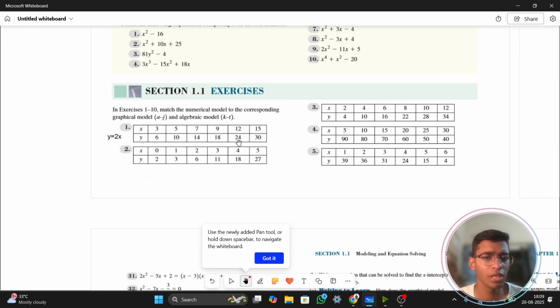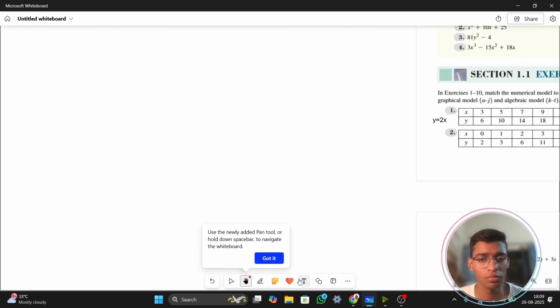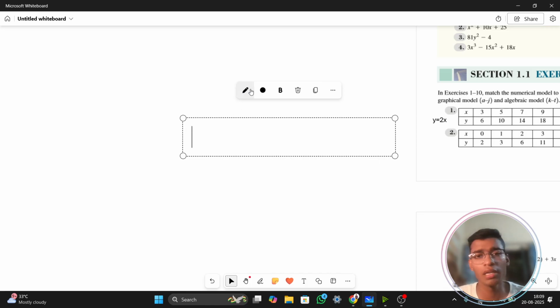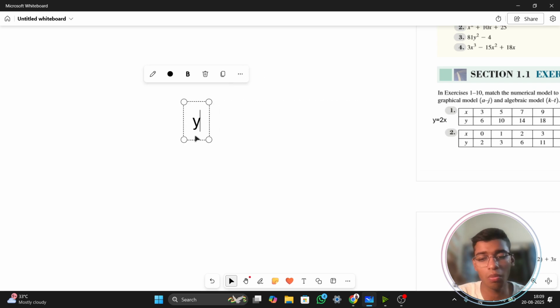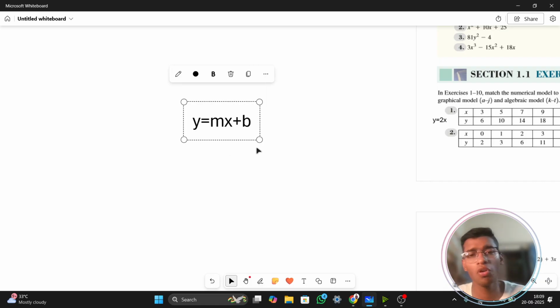But you already know from previous knowledge that the equation of a straight line is of the form y equals mx plus b, or mx plus c, where b or c is the constant and m is the slope.